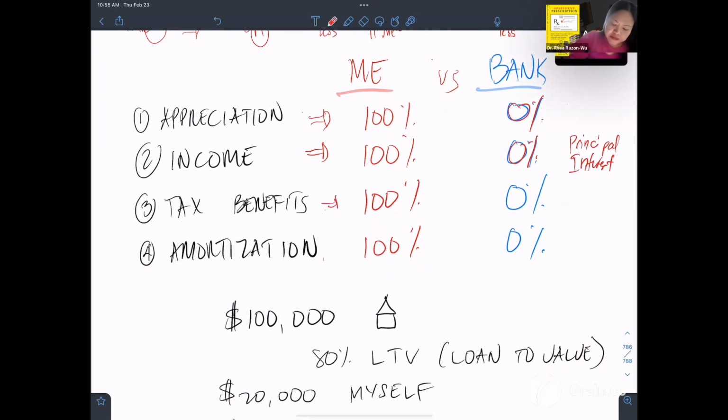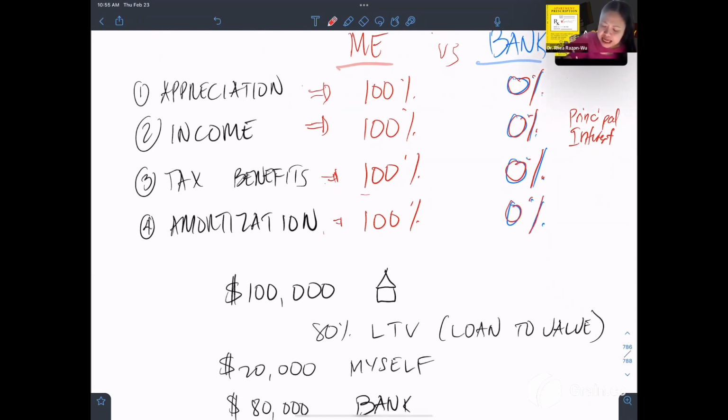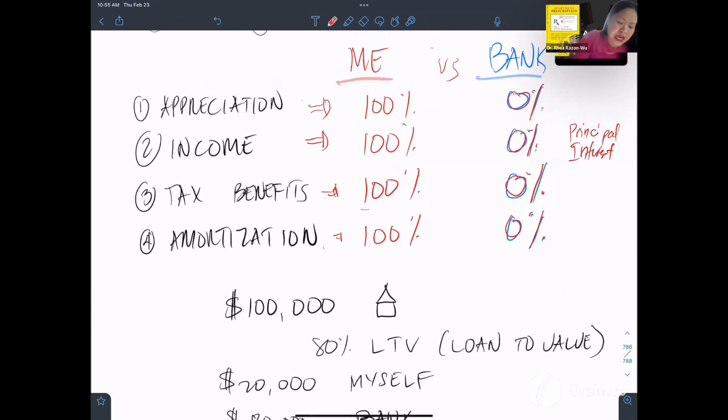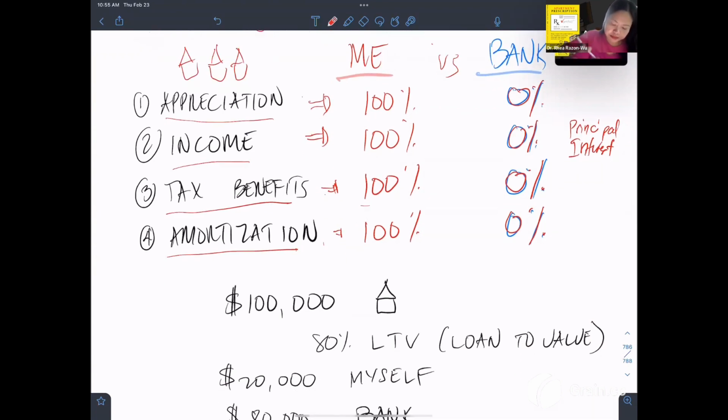Tax benefits, I get 100%. The tax benefits, the tax deduction, the bank gets nothing of it. Amortization, I get 100%. The bank gets nothing. So these are the benefits: appreciation, income, tax benefits, and amortization of owning real properties, apartments.